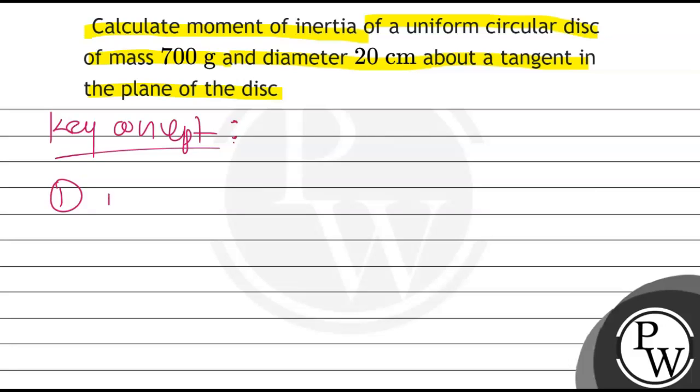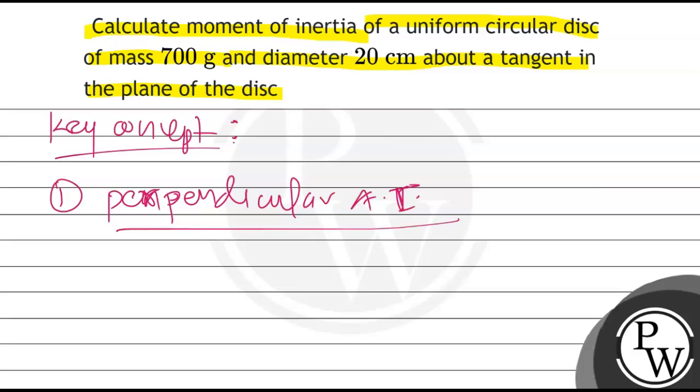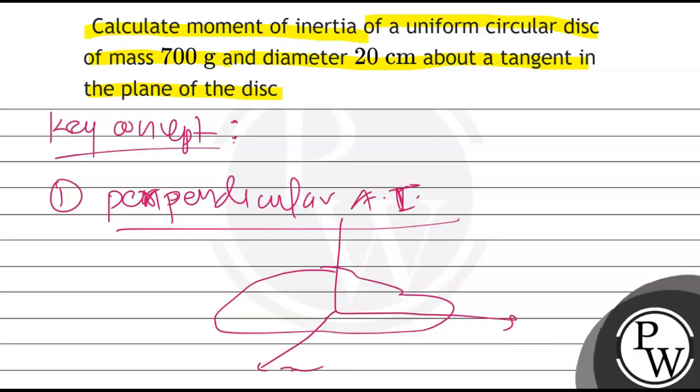So let us first write the perpendicular axis theorem. Let us suppose this is a two-dimensional rigid body. This is the x-axis, this one is the y-axis, this is the z-axis, and at the origin is the center of mass.